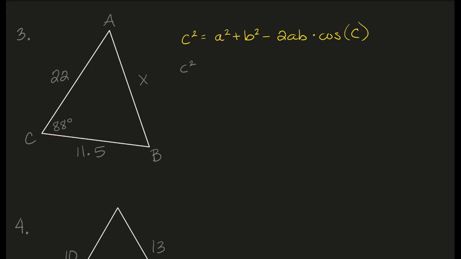So C squared is going to equal side A squared. Remember, directly across from angle A is going to be leg A, and directly across from angle B is going to be leg B. So C squared is going to equal A squared, here this would be 11.5 squared plus 22 squared minus 2 times the legs times the cosine of angle C. In this case, that would be 88 degrees.